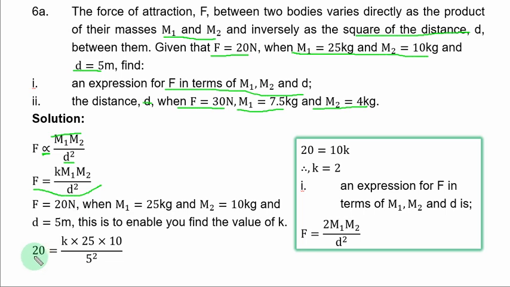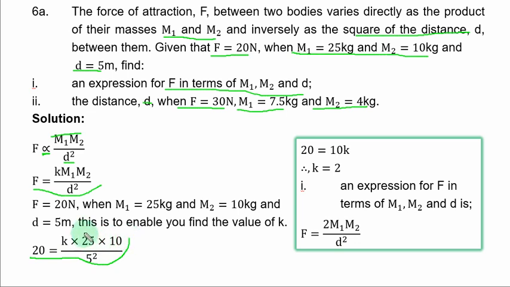So F is 20 equal to k times the first mass 25 times the second mass 10 over the distance 5, but you have 5 squared because d is squared in the problem.